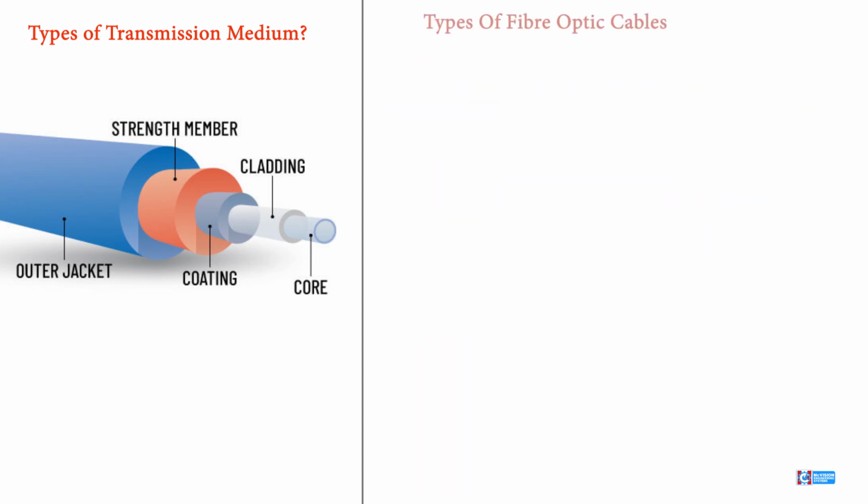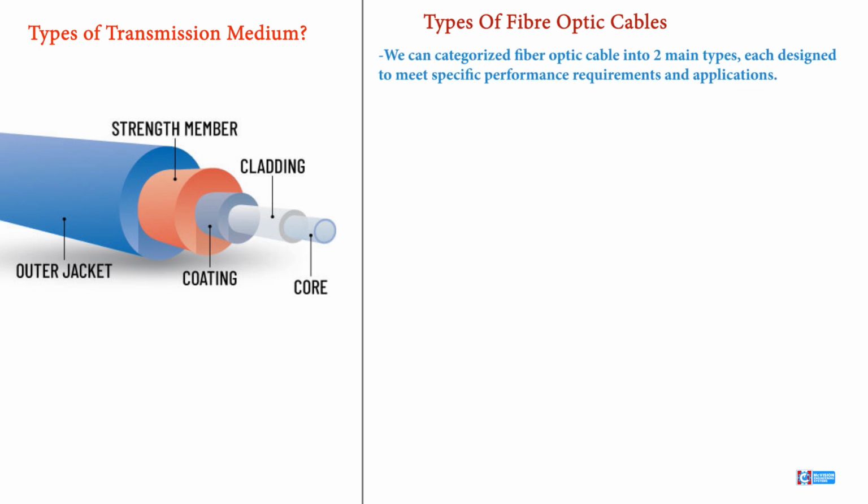Let's look at some types of fiber optic cables. Fiber optic cables can be categorized into two main types, each designed to meet specific performance requirements and applications. These include 1. Single-mode fiber, shortly put SMF.